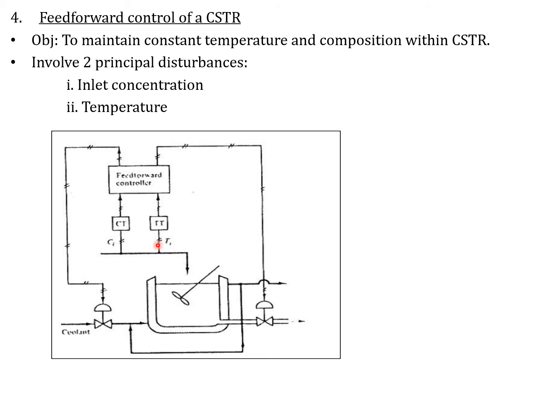The concentration and inlet temperature can affect the whole CSTR. So we measure them, and the feedforward control acts on them and manipulates whatever is needed, using this measurement, for the coolant, for the CSTR, or for the output from the CSTR itself.